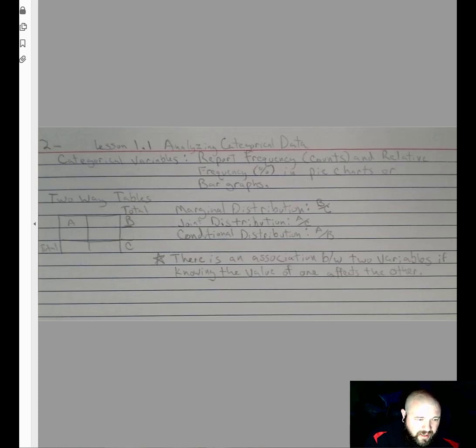If the value of A affects the value of B, that means there's association. If there was a change in A, it's going to cause the B value to change as well as the C value. That is where an association comes in.